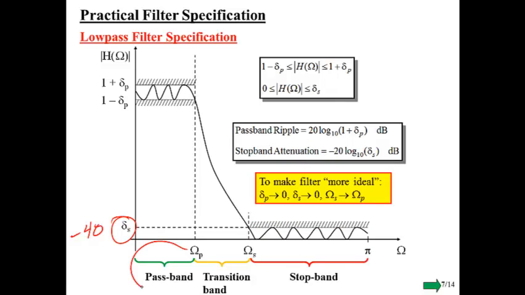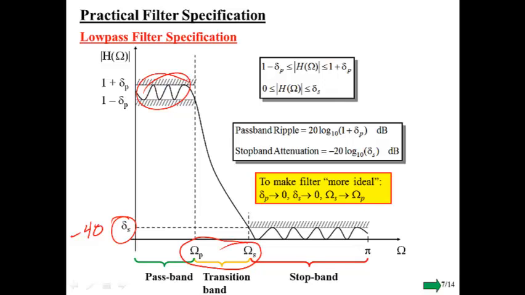And so we've specified what happens in the passband as far as ripple goes, and where we want the passband edge to be. We've specified the amount of attenuation in the stop band, and we can specify where the stop band edge should be. And the region between those two edges is called the transition band.